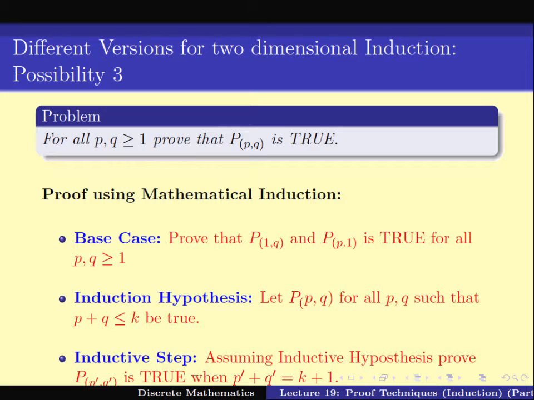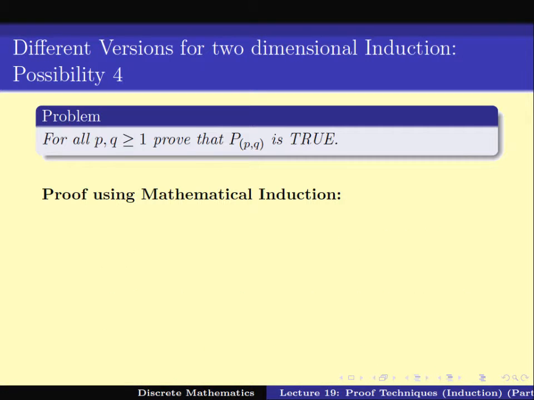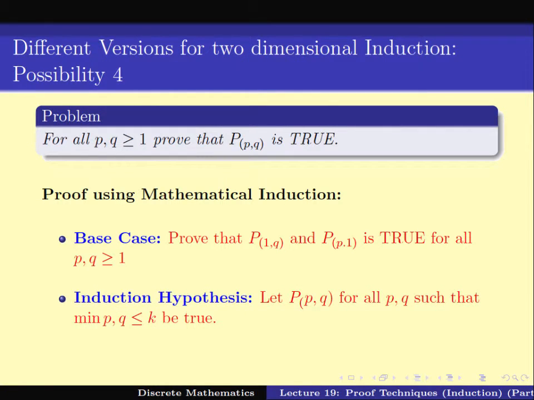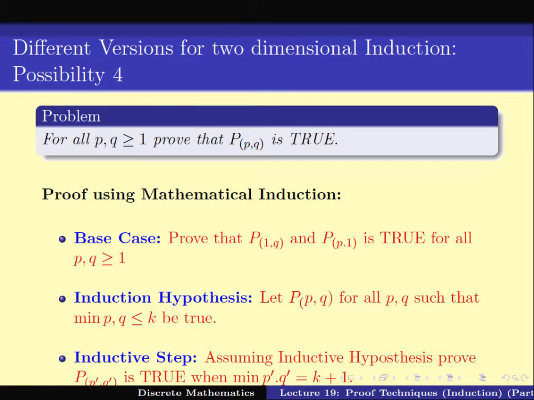There are more versions that can be there. For example, we can have this fourth version where we induct on the minimum of p, q. So if the minimum of p, q is k, then I can prove it when the minimum of p', q' is k plus 1. So here we induct on the minimum of p, q.